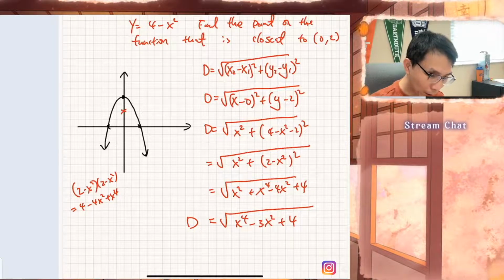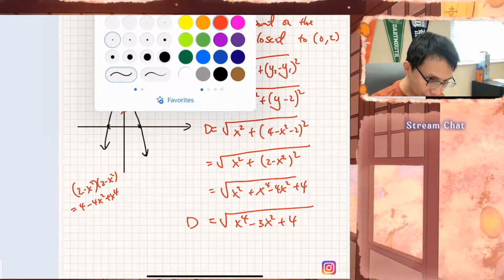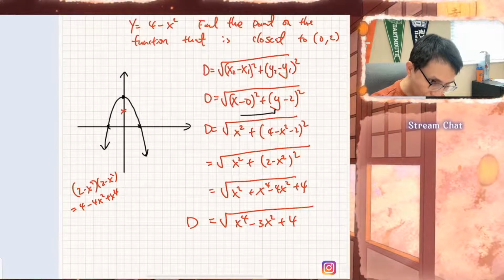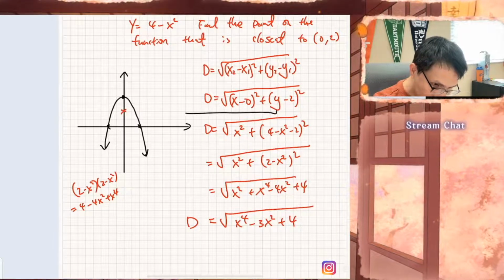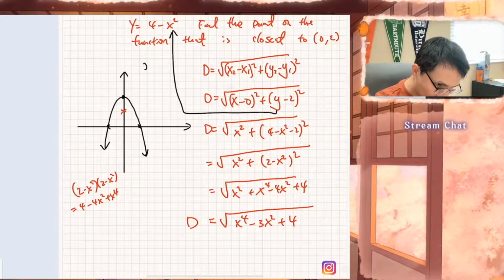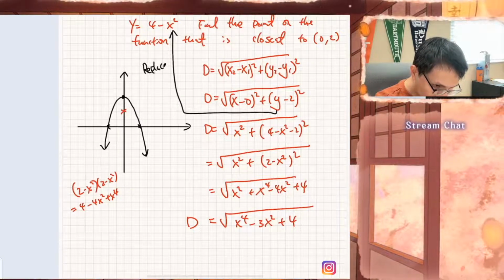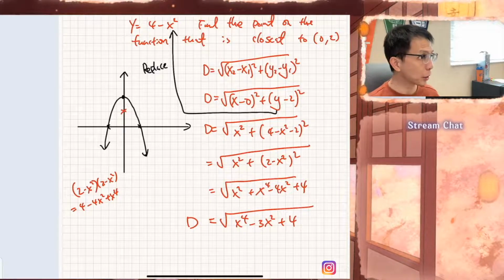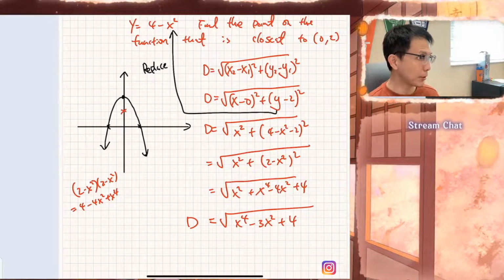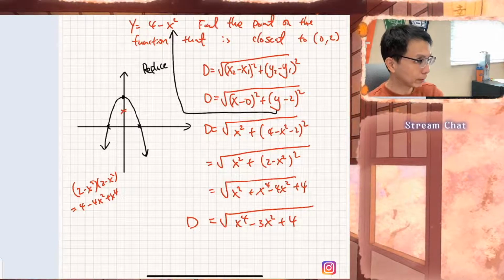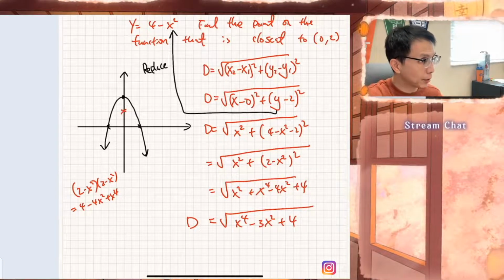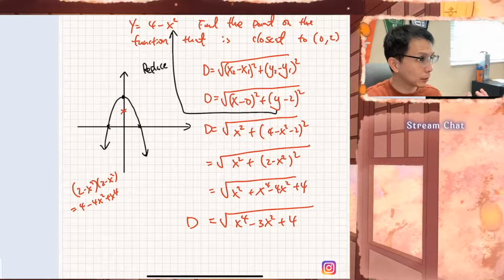So I'm going to write down replace, that way you can see what happened. So replace, because that's a constraint. The constraint is a function itself. So you use that constraint to reduce the variables from x and y to just x.